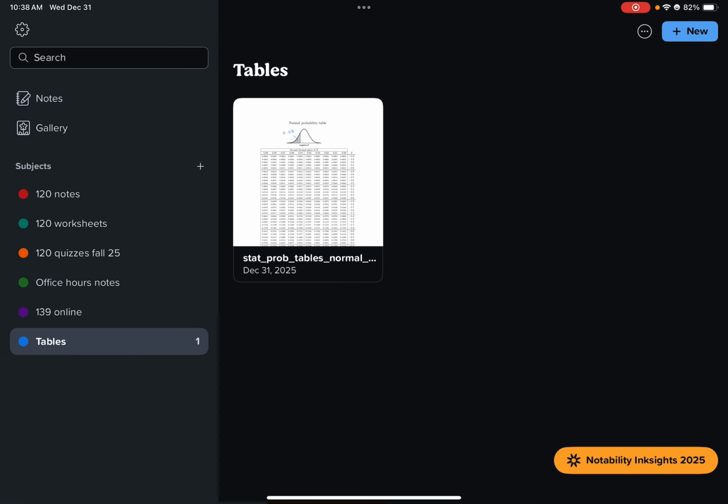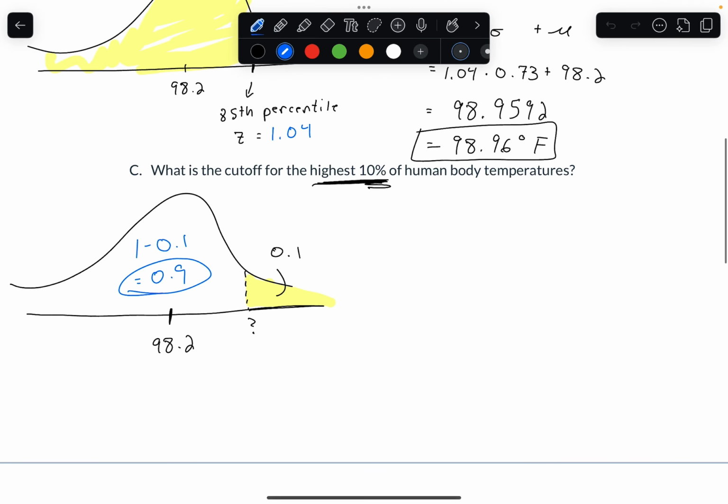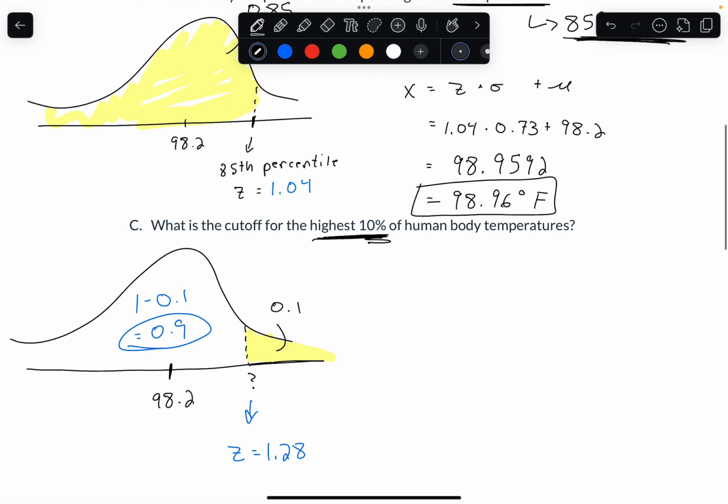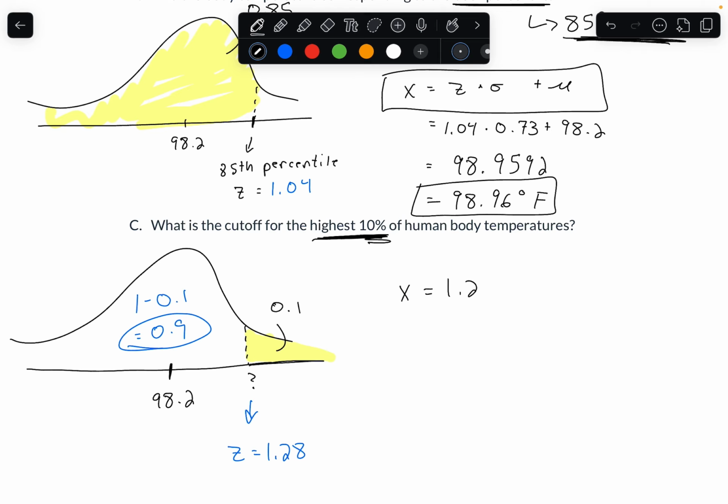So hopping back to my example one last time, the Z-score corresponding to this is 1.28. And then again, I can use the formula that we derived up here for x to find our observation. So x is equal to z, 1.28, times my standard deviation, 0.73, plus my mean of 98.2.